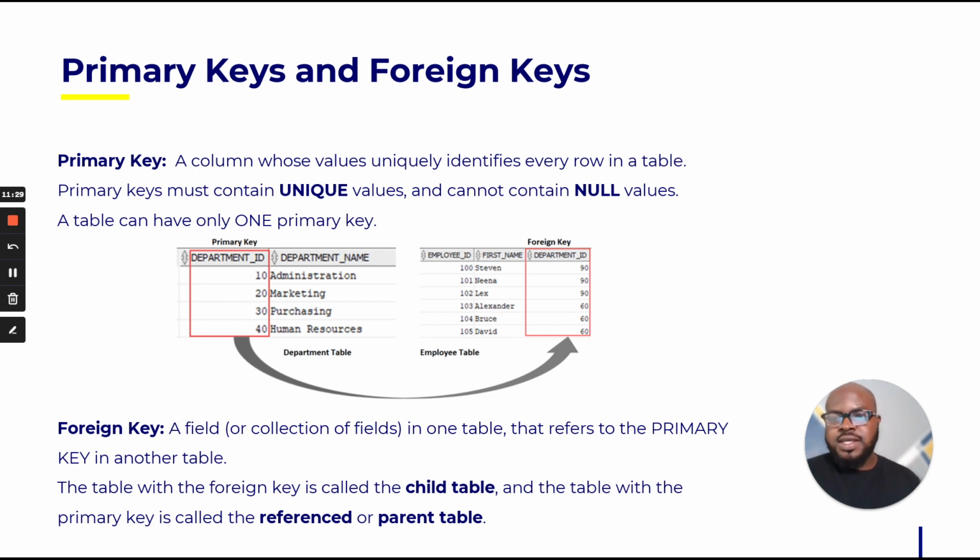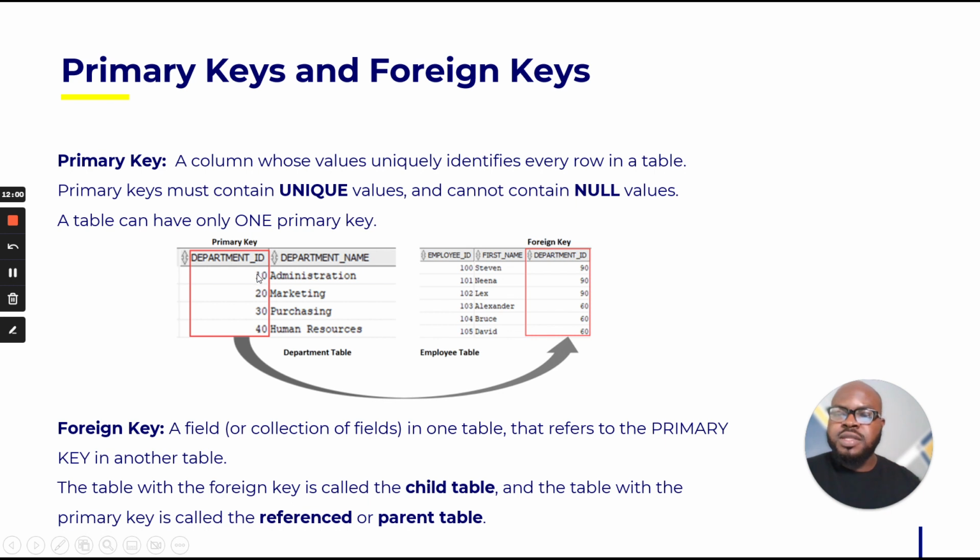Now I defined here that the primary key is a column whose values uniquely identify every row in a table. Let me break that down simply. Any column on a table that is unique for each row in that table is the primary key. For example, if we look at the table below, we can see department ID and department name.